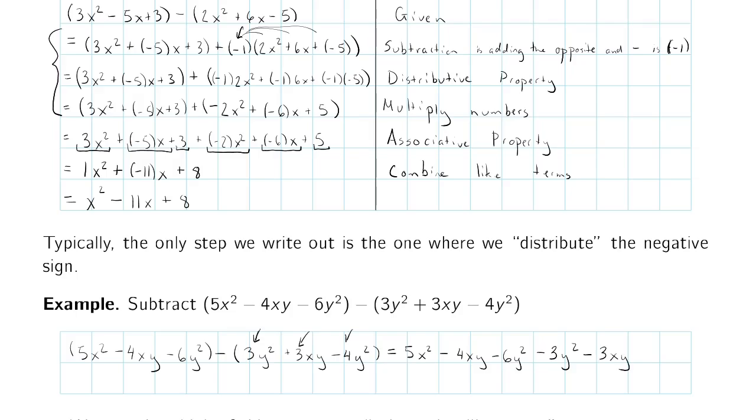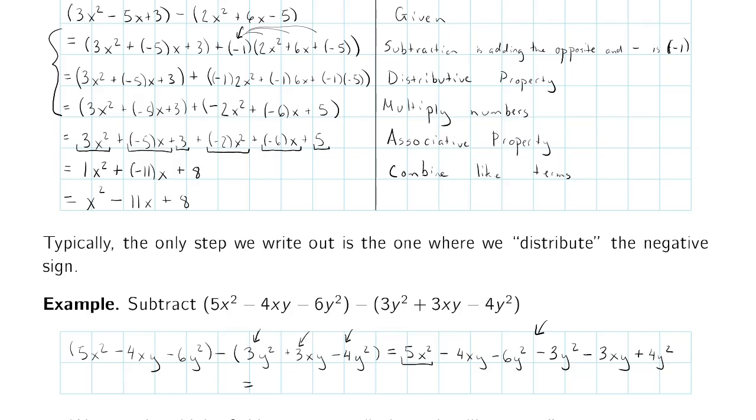And instead of a -4y squared, I have a +4y squared. So typically, the only step in this process that we'll actually write out is this one where we distribute the negative sign. And then we'll just combine the like terms.